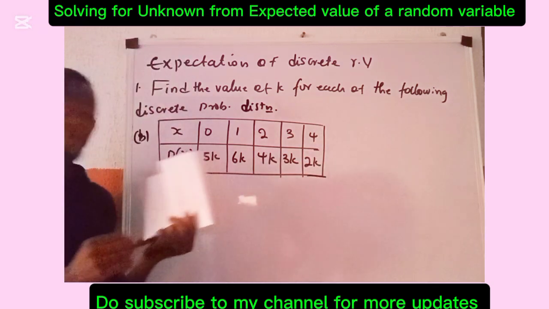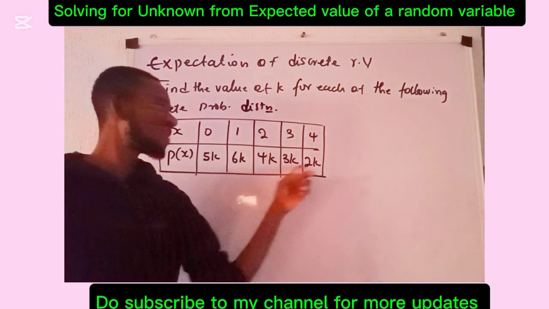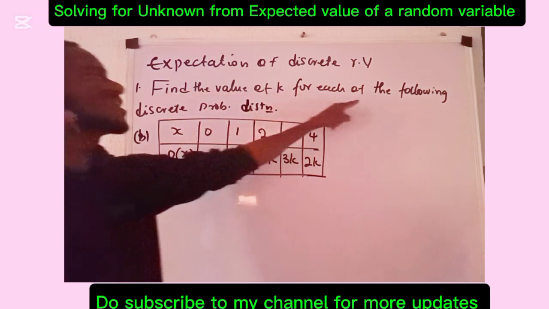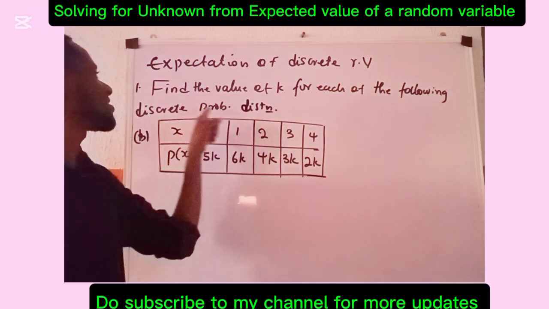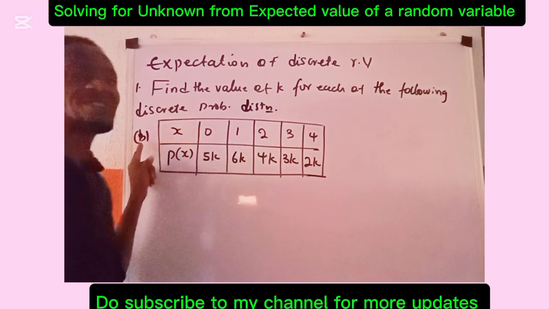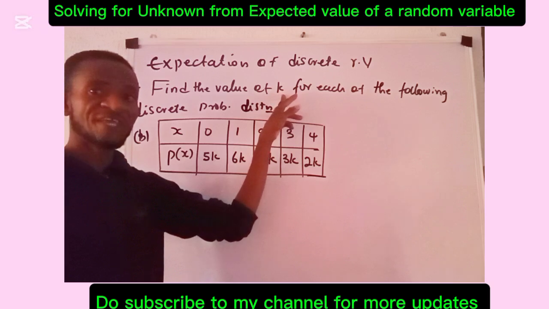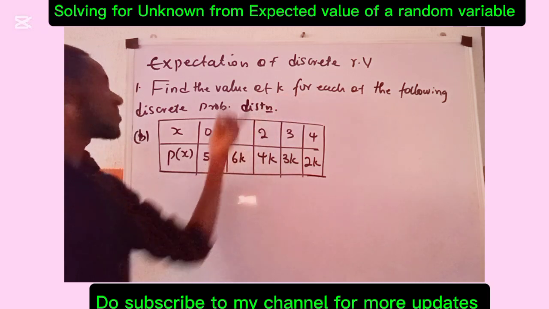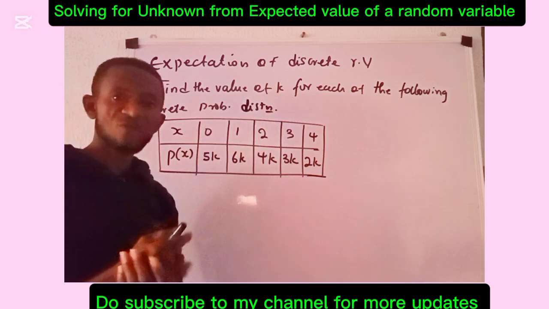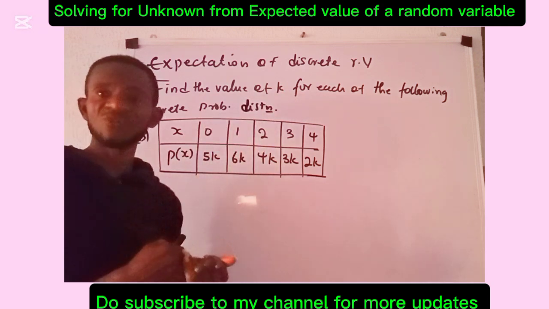Look at the question you are given. And what is expected of you is to find the value of K, because it says find the value of K for each of the following discrete probability distributions. We earlier had looked at A, where we equally found the value of what? Of K. This question is actually coming from this one too, so we are expected to find the value of K. We come down to the discrete probability distribution given to us.